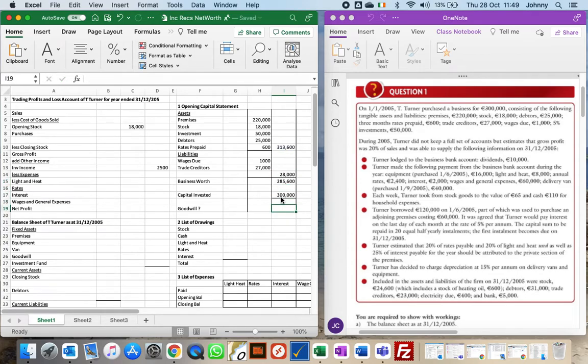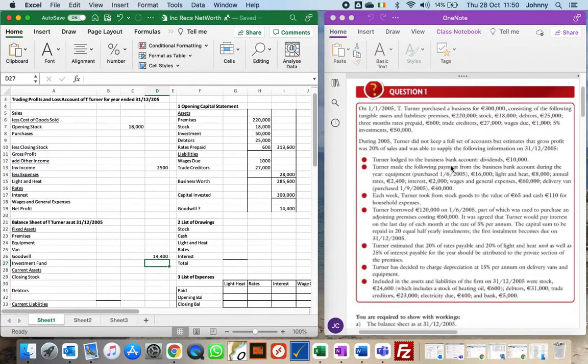So that means the goodwill is the difference between the two of them, and I'm going to put that goodwill straight into my balance sheet. Okay, so we continue on. Gross profit is 20% of sales. Now that becomes relevant in the end when we're trying to finish off our trading profit and loss. So we leave that for now.